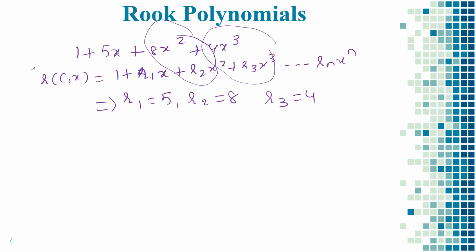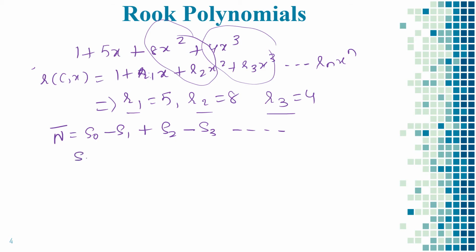So we have got r1 5, r2 8 and r3 4, and the equation for the forbidden position is given by n bar is equal to s0 minus s1 plus s2 minus s3 so on. Now we have got only three positions r1, r2, r3, hence I have taken it as s0 minus s1 plus s2 minus s3. So now we need to find out what is s0, s1, s2 likewise.